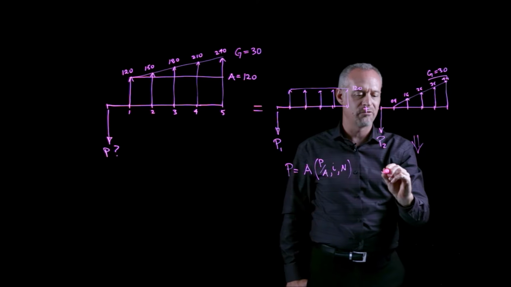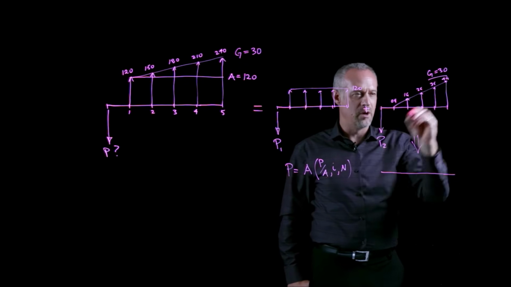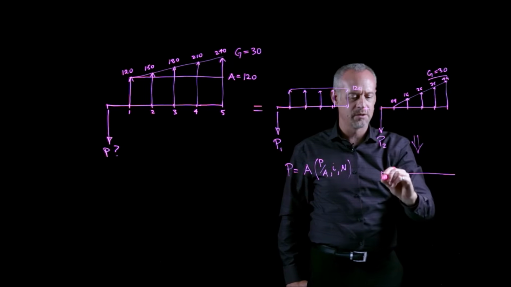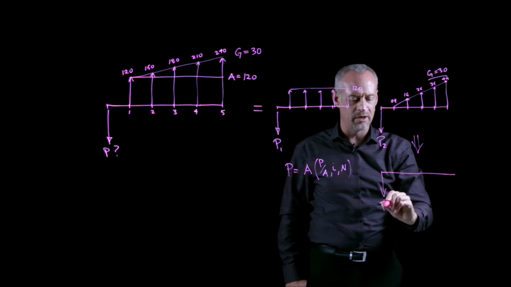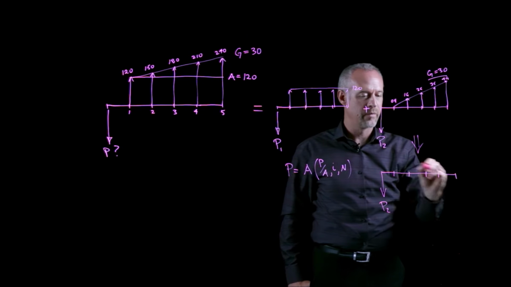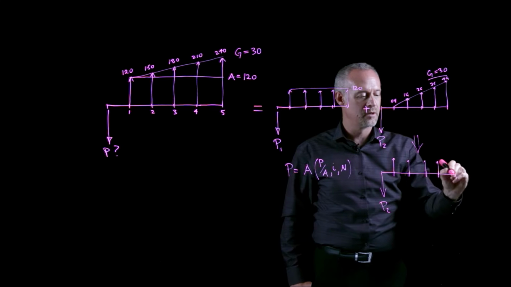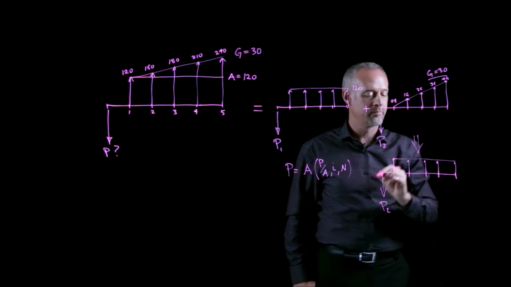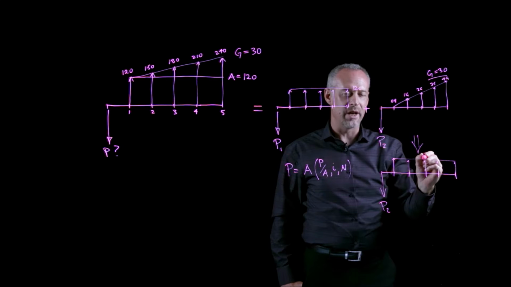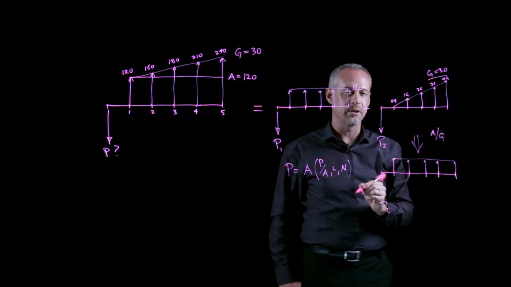Okay, so imagine for a minute that I take these same dollar amounts, and I'll run them through a formula that will convert them into some equivalent constant amount. And the way that I do that is with a factor that we call the A given G factor.